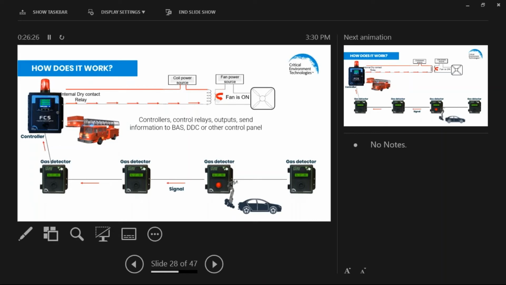If for some reason that gas continues to build up and is not being ventilated out, perhaps a damper didn't open or a fan didn't turn on, or maybe there are multiple sources all of a sudden, and the gas continues to rise, then a secondary level, which we call a high alarm, can be set to notify responsible people.